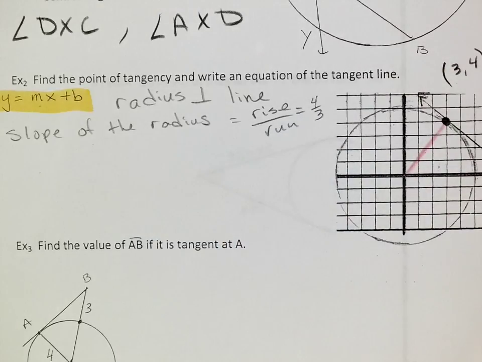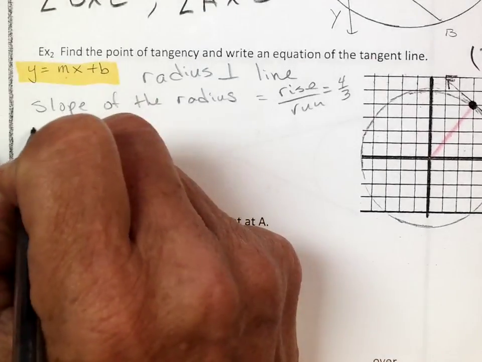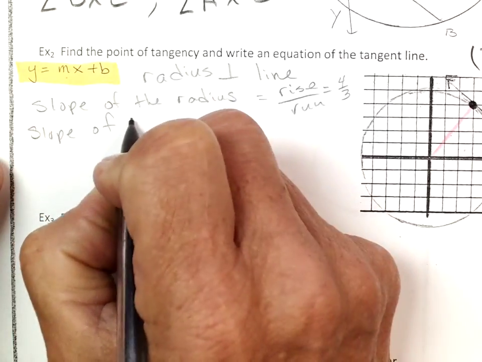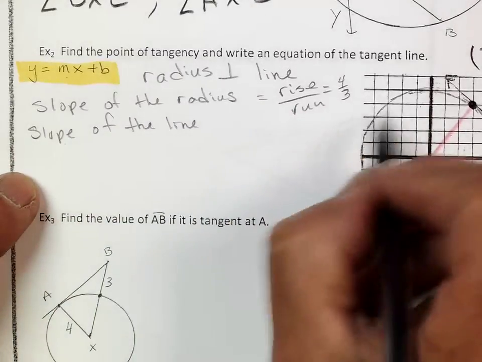So the slope of the radius is up 4 over 3. How am I doing? So if that's the slope of the radius, what's the slope of the line? Well, it's got to be the opposite, right? Kurt said negative 3/4. He's totally right.